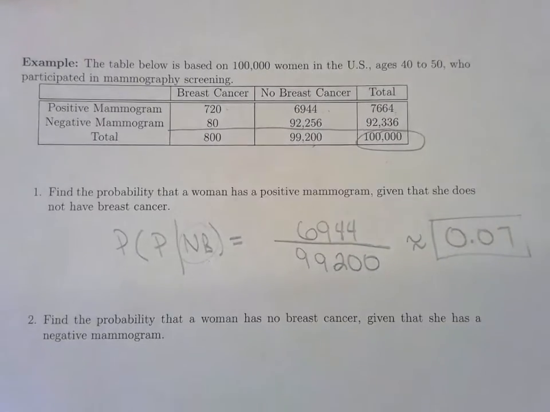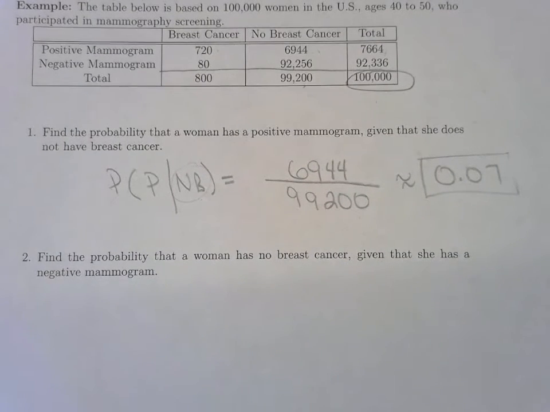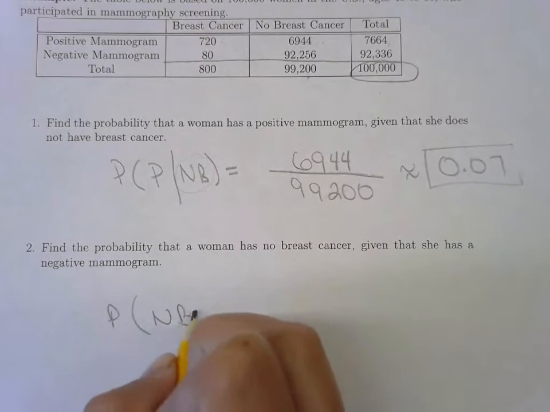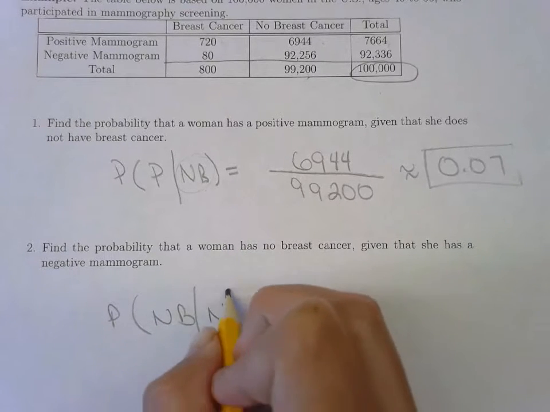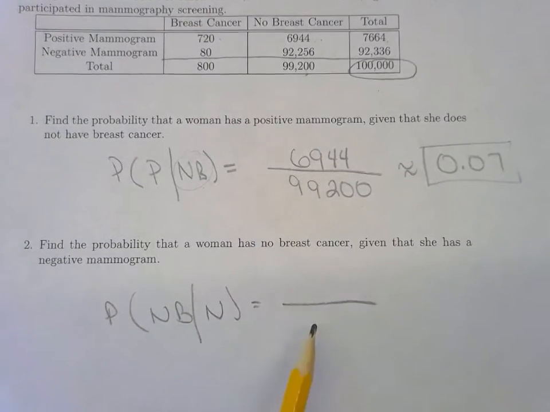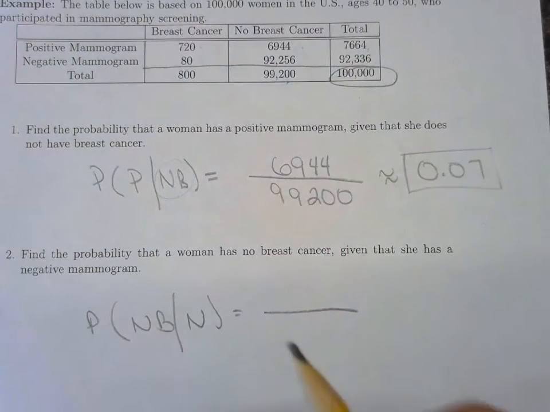And then number 2, find the probability that a woman has no breast cancer given that she has a negative mammogram. So first our denominator is going to be negative mammogram, which the total for that is 92,336.